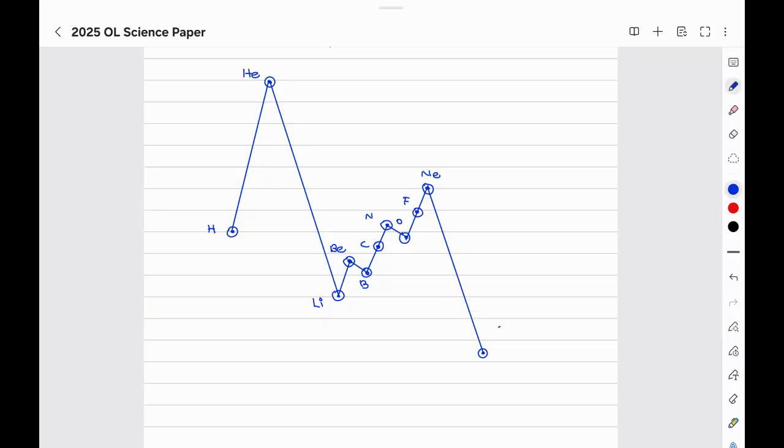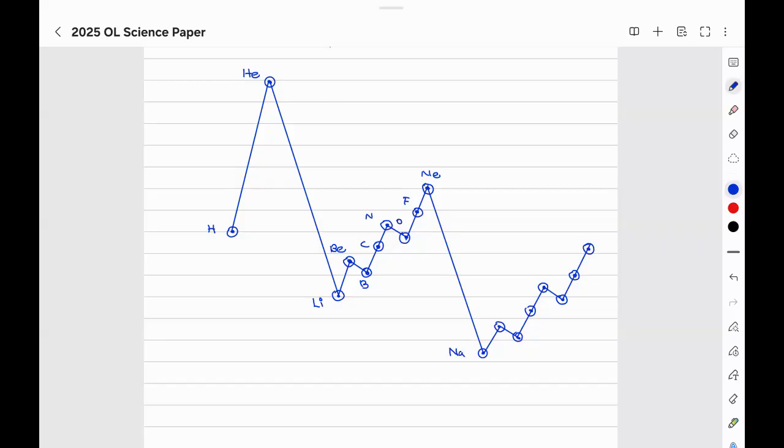Sodium, magnesium, aluminium, silicon, phosphorus, sulfur, chlorine, argon. Got it? In the third period also, you can see the same variation.